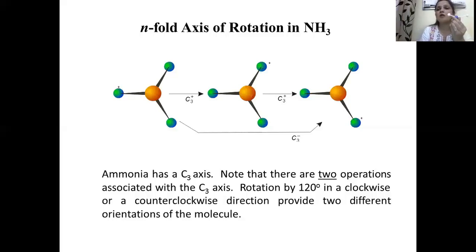But along with this C3 axis, this molecule possesses other rotation axes. What is the possibility? Another rotation axis is the one passing through this fluorine atom and through this boron atom. Now the axis is like this.